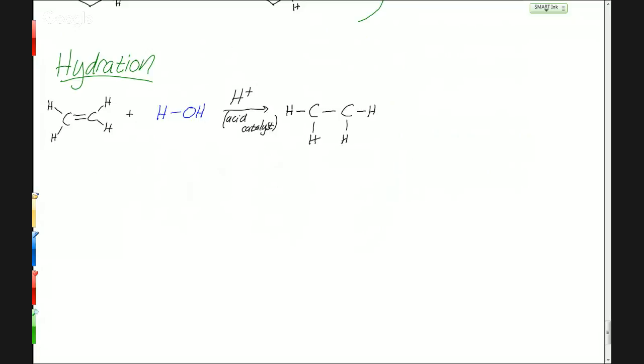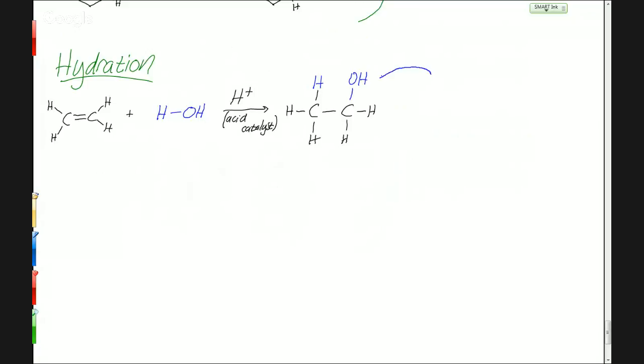Instead of an alkene, we have an alkane of sorts. And we've added this OH group onto the molecule.